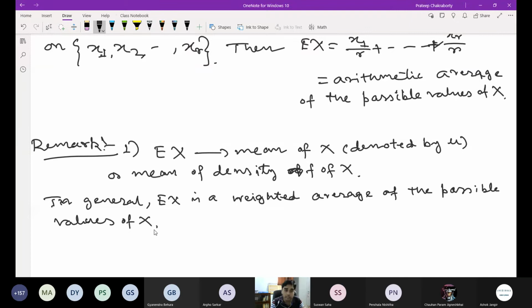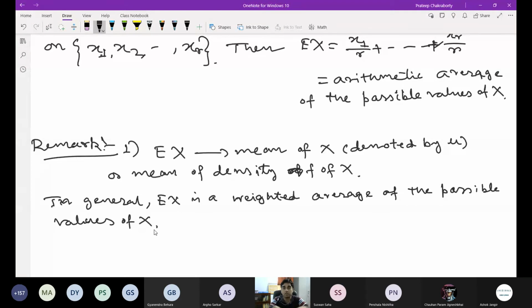But we don't know whether this is a really good way to summarize the probability or not. It is a good way if the distribution is very much clustered about the value mu, the mean or the expectation.